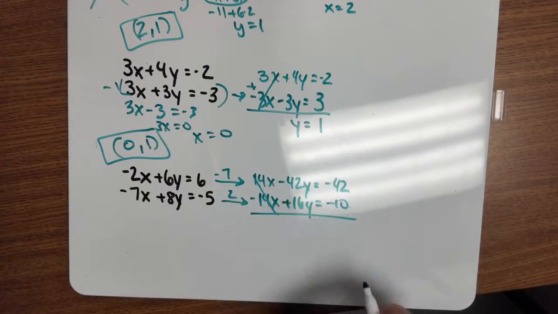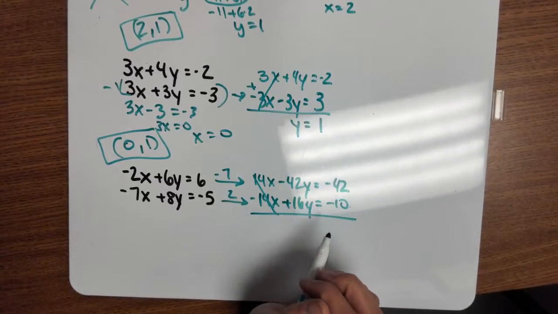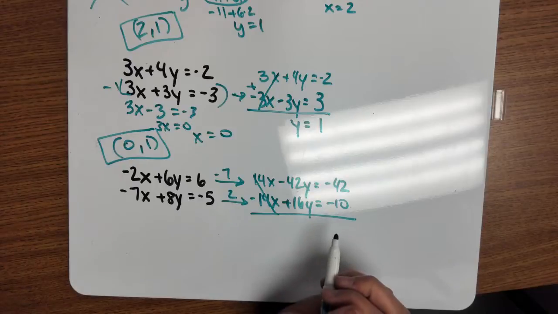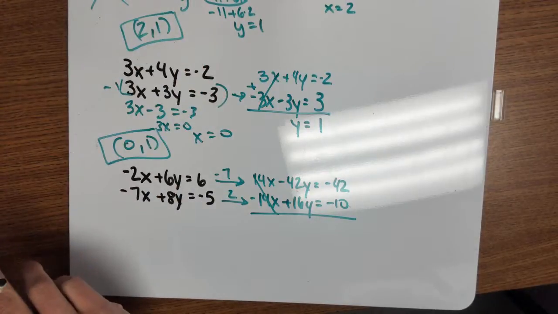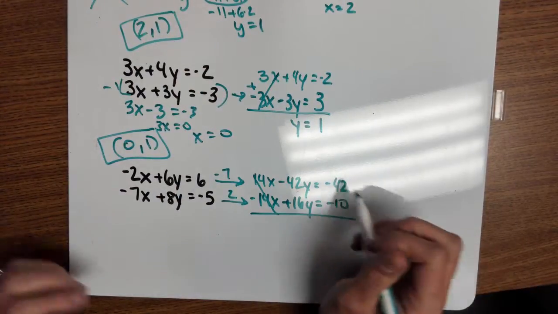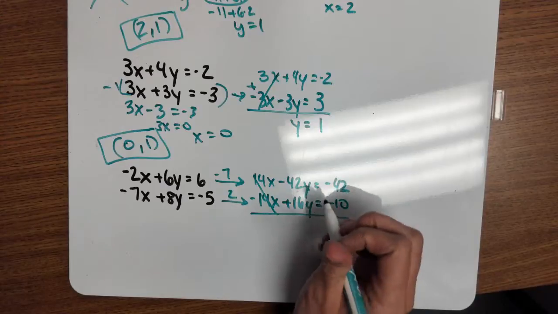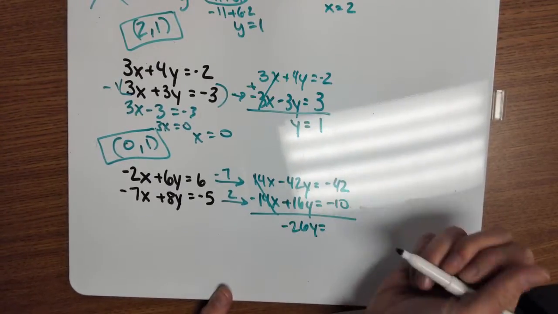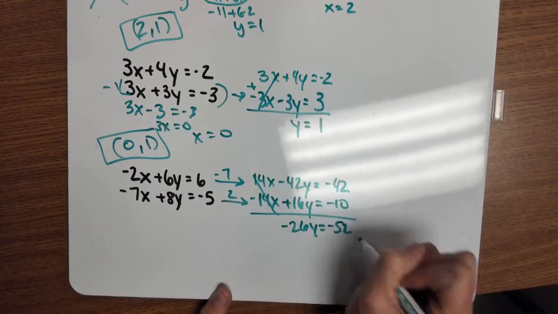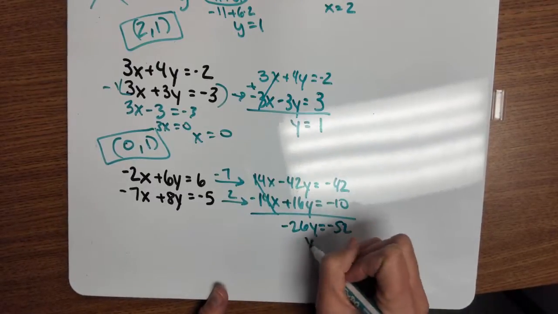Add down. X's are gone. Negative 42 plus 16. Let's see. Oh good, it picked up. So negative 42 plus 16 is going to give me negative 26y. Negative 42 minus 10 more is negative 52. Divide both sides by negative 26.